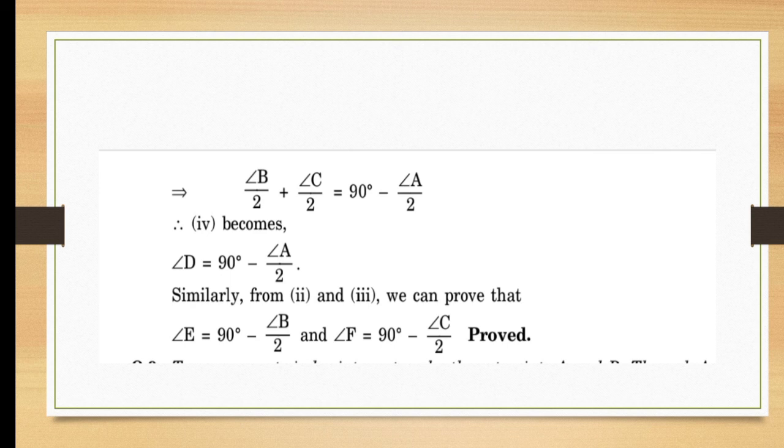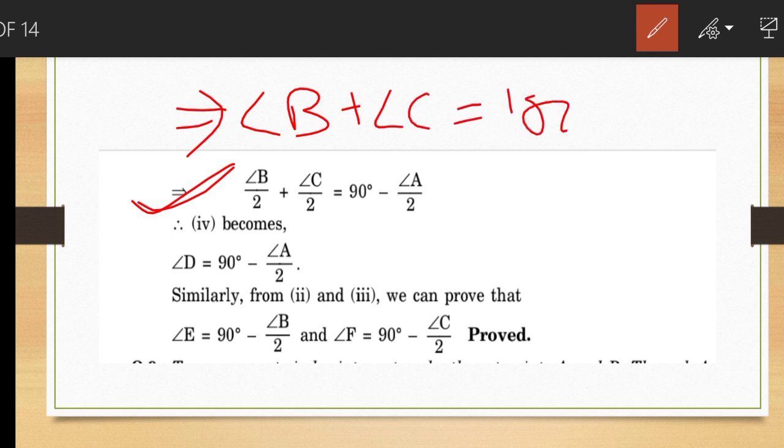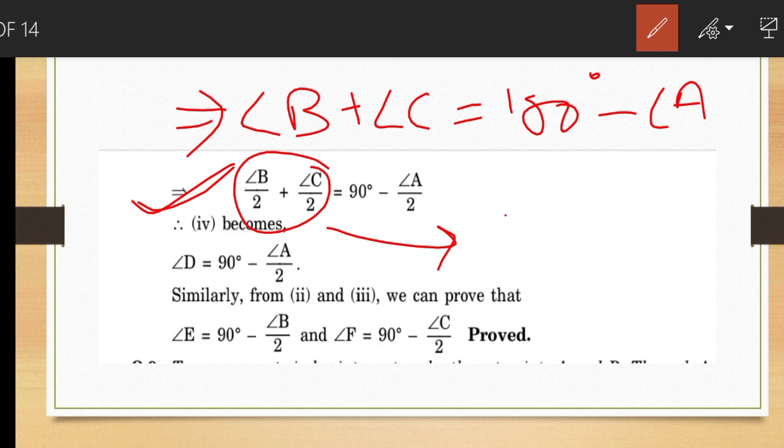If we go on to the next slide, see, angle B by 2 plus angle C by 2 is 90 minus A by 2, as the previous line was angle B plus angle C is equal to 180 degrees minus angle A. So on dividing it by 2, we get this, and this part is nothing but angle D. So we will get angle D is equal to 90 degrees minus angle A by 2.